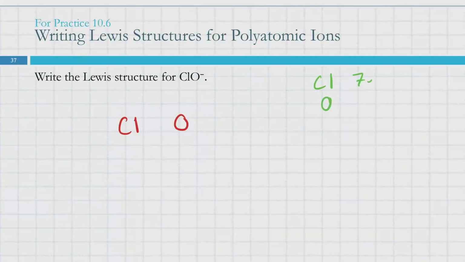Chlorine has 7 electrons in its valence shell. Oxygen has 6 electrons in its valence shell. And we have a negative charge. That negative charge means that we're adding 1 additional electron. So instead of 13 electrons, we end up with 14 valence electrons.